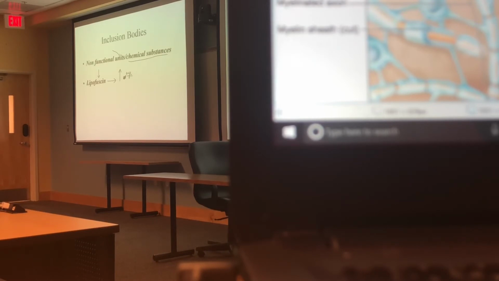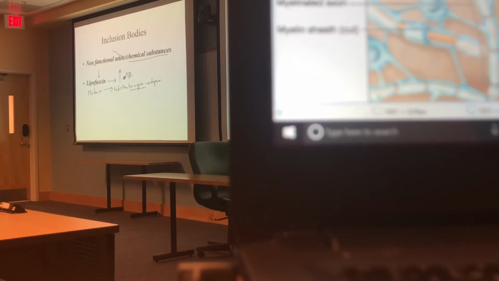Another type of inclusion body is melanin. Now, you find this in a part of the nervous system known as the substantia nigra. Guys, this part of the midbrain is responsible for the production of a neurotransmitter known as what?